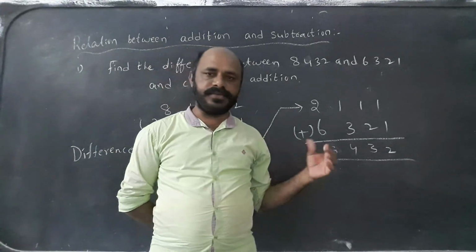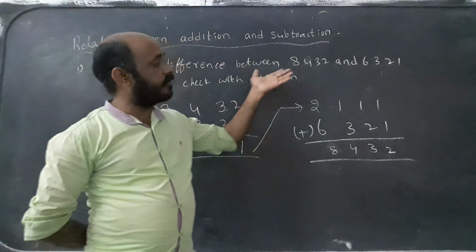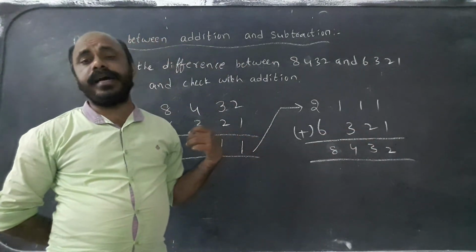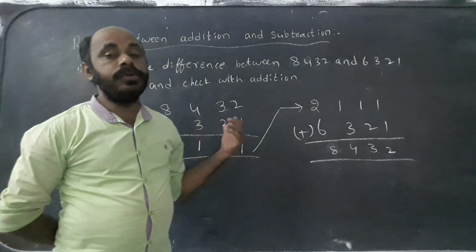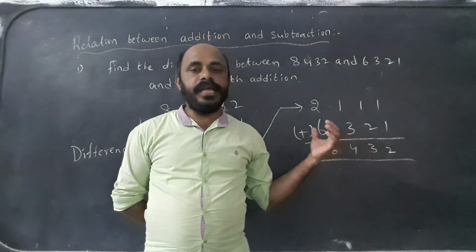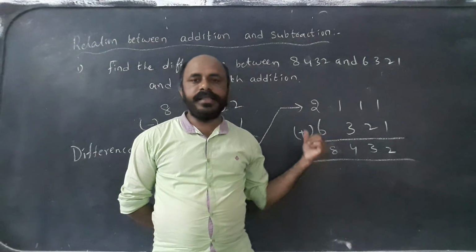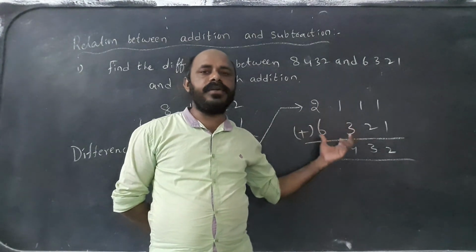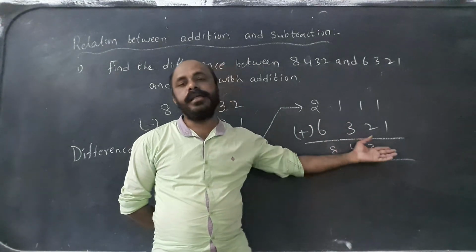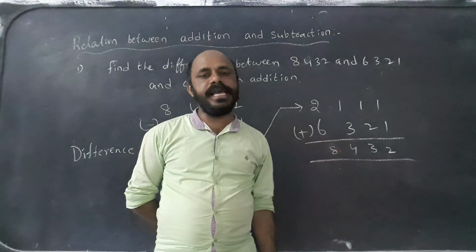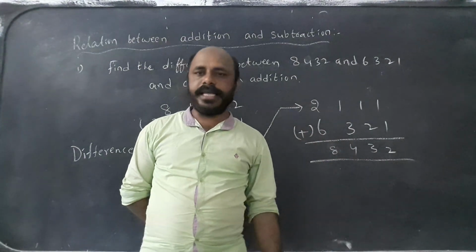Two-digit numbers also the same process. If we give one 4-digit number and one 2-digit number, it will be the same process, but we have to arrange the numbers first. Write the bigger number up, and write the second number from right to left. Then the process will be easy. Okay children, thank you.